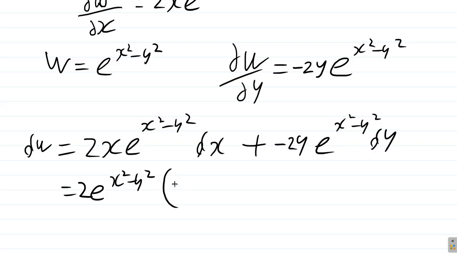Inside the bracket we have x dx, not 2 dx, since we factored out the 2 already. This would be x dx minus y dy. Right, so that's what we have there.